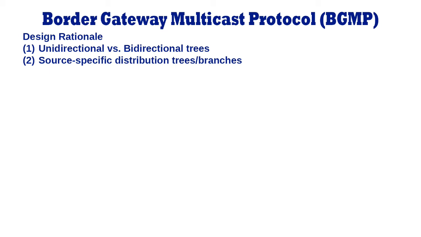BGMP's source-specific branches eliminate the unnecessary overhead of encapsulation for high data rate sources from the shared tree's ingress router to the surrogate. Moreover, cases in which shared paths are significantly longer than SPT paths will also benefit.